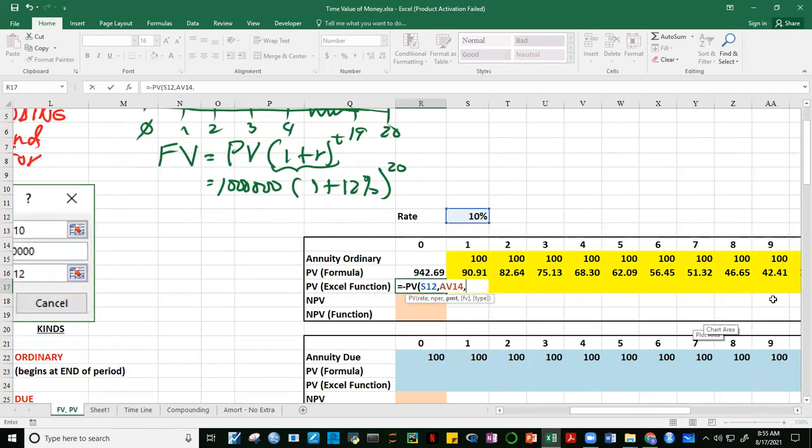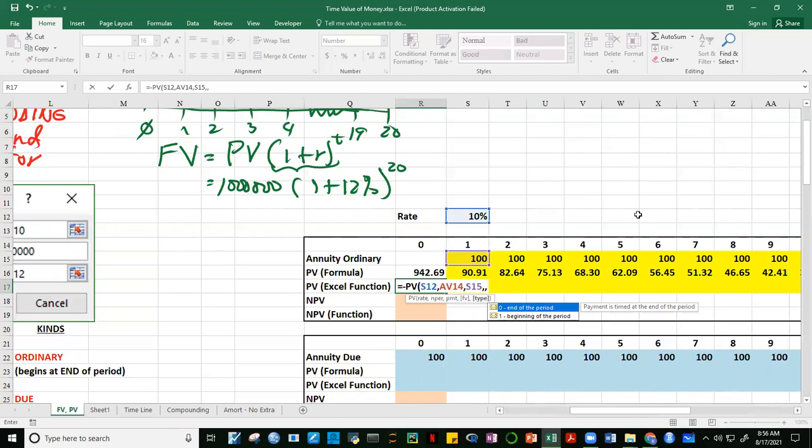Comma, PMT natin is 100. Okay? 100, 100, 100. Yun ang PMT natin. And then, comma, there's no future value. Lahat yan yung 100, panay part of the annuity yan. And then, comma, so ignore that future value.